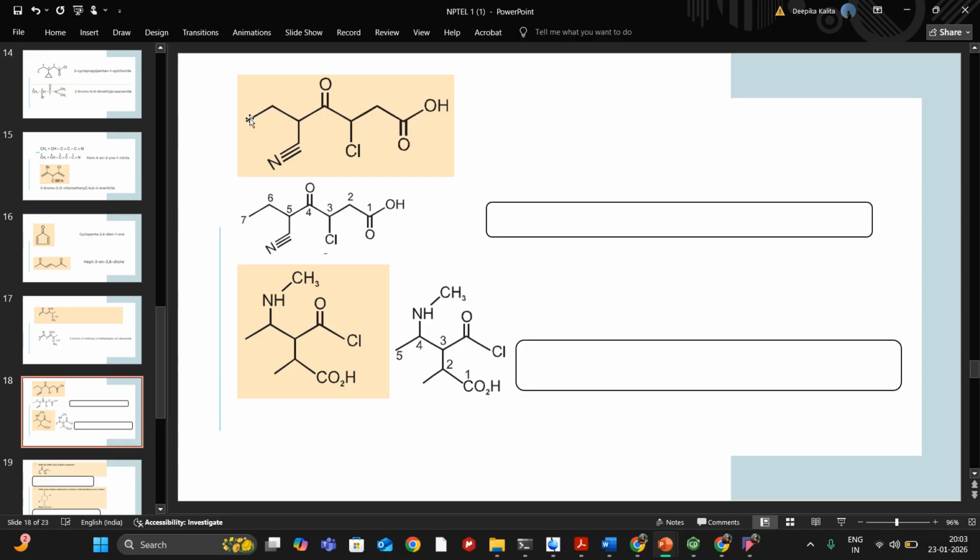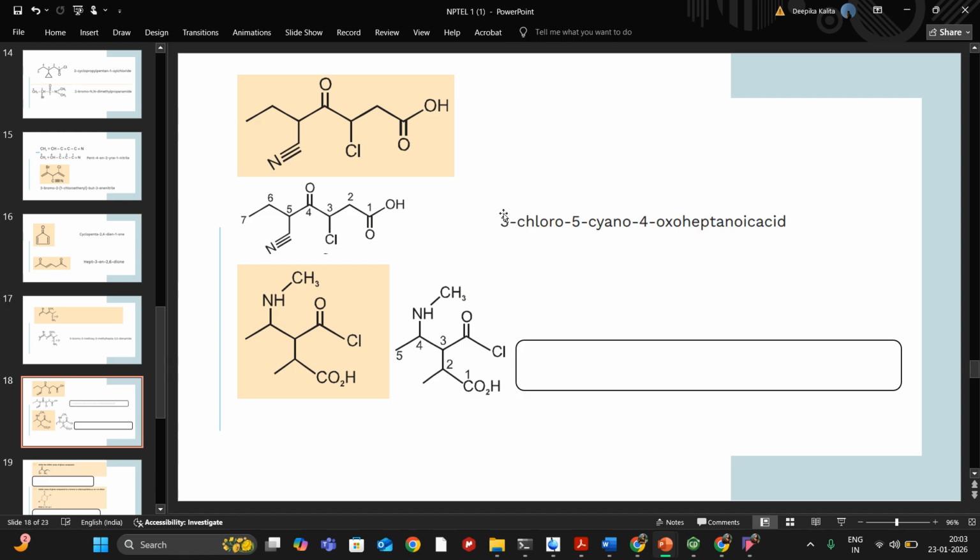Okay, so the nomenclature will be done as 3-chloro, 5-cyano, 4-oxo heptanoic acid. We are assigning oxo to the carbonyl group because carboxylic acid will again have higher priority than the keto functionality.